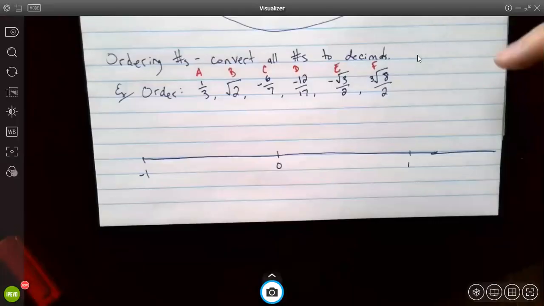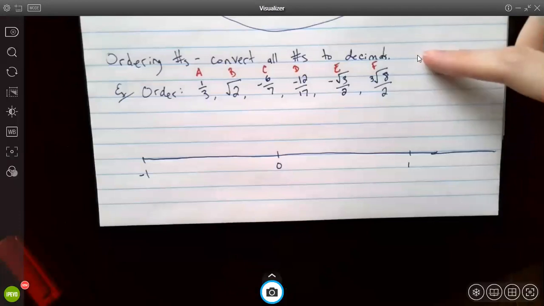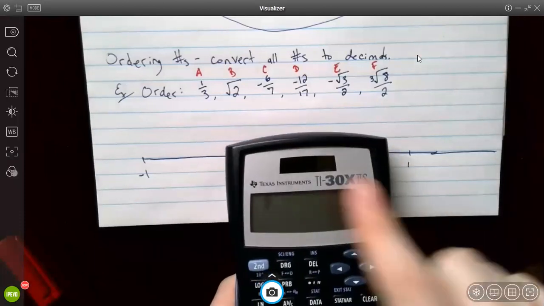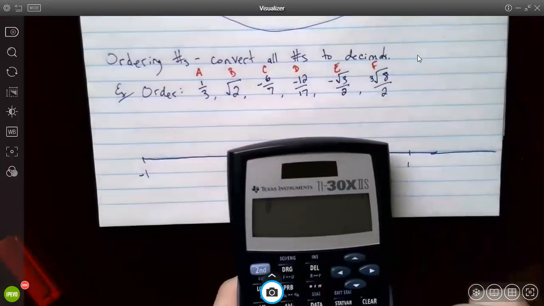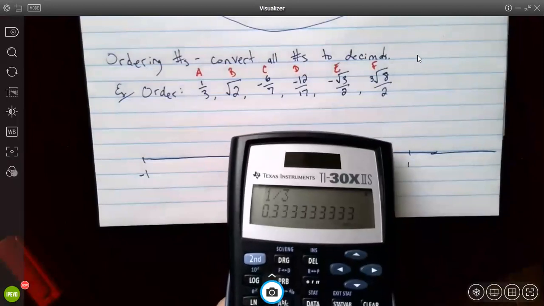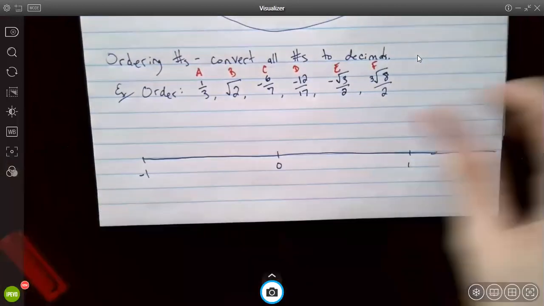Okay, so the first step when we're trying to order different numbers is to convert them all to decimals. That's the easiest type of number for most of us to work with. So I'll start just by converting these to decimals. For instance, to convert A into a decimal, I just do 1 divided by 3. That gets me 0.3 repeating.